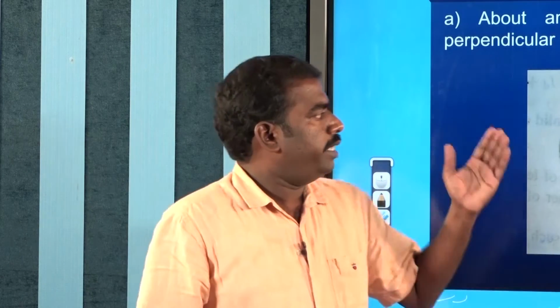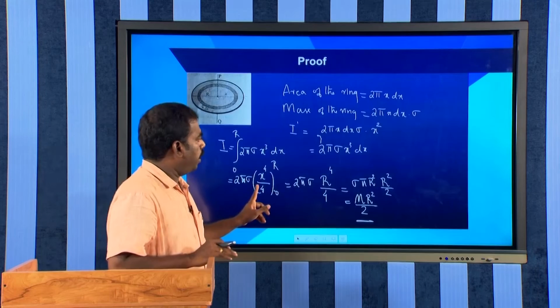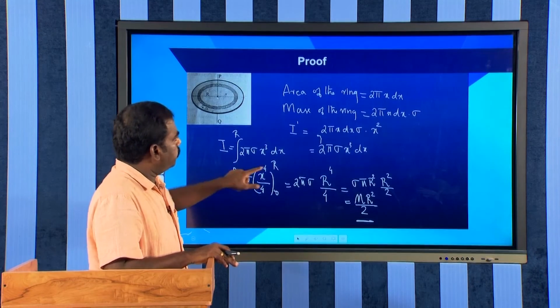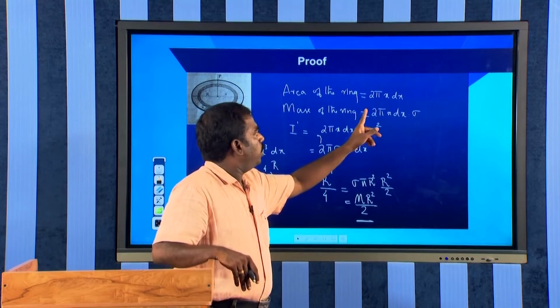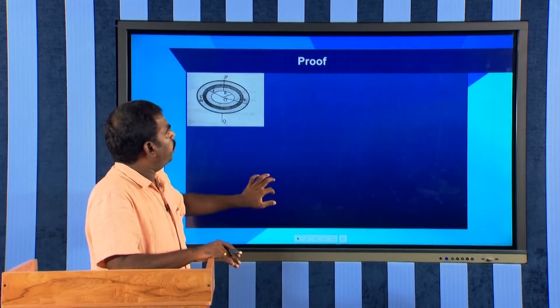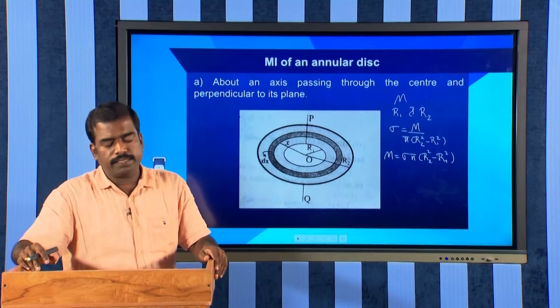So, here also the area of the ring is 2 pi x dx, and the mass of the ring is 2 pi x dx sigma, the same thing we got in the circular disk.